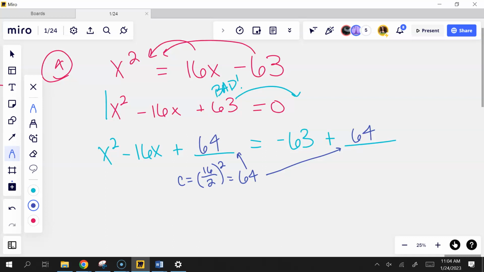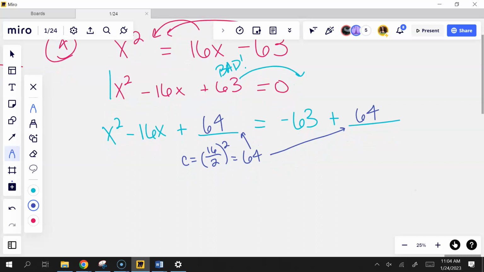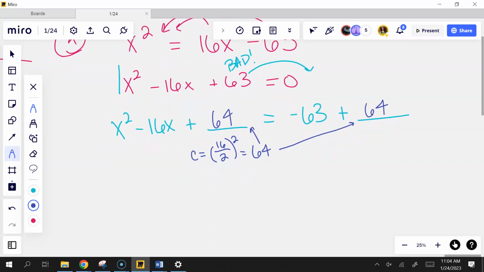I'm trying to find what x equals. Well, first I have to factor it. How does the left side factor? X minus 8 squared equals 1.